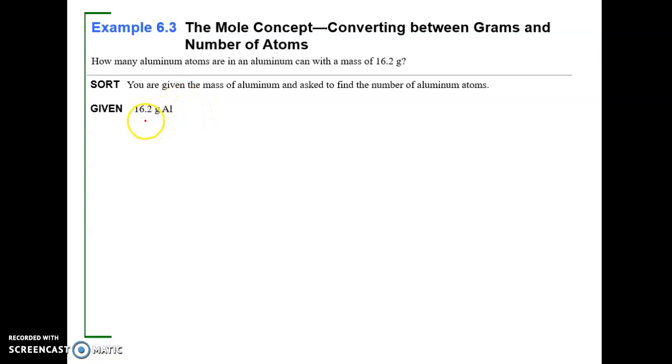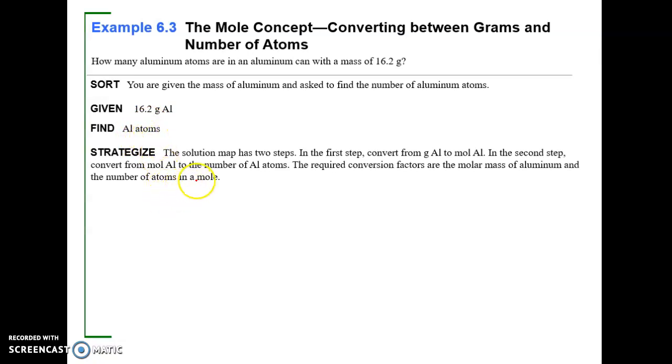So we're given 16.2 grams of aluminum, and we need to find aluminum atoms. All right. In the first step, we're going to convert our grams of aluminum to moles of aluminum. In the second step, we're going to convert our moles of aluminum to the number of atoms of aluminum.